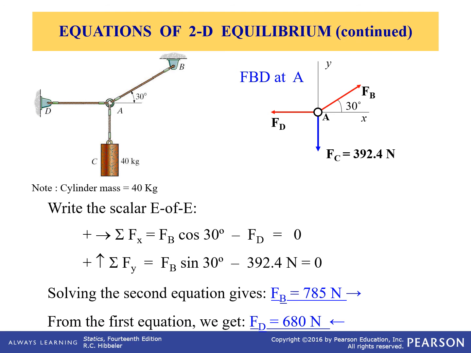So FD, you can see, would end up giving us a negative value, and FB would end up giving us a positive value in that particular case. So there you go. That's the important parts of Chapter 3, where we're dealing with equilibrium of a particle or a point.